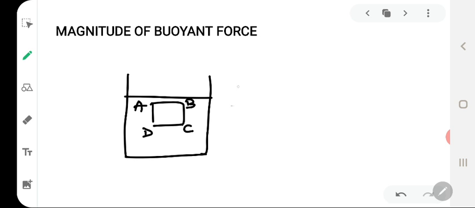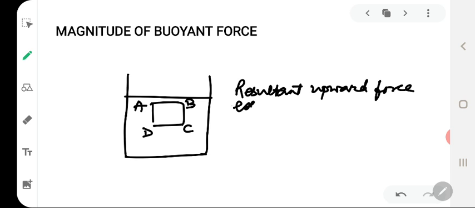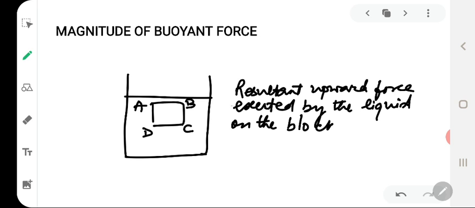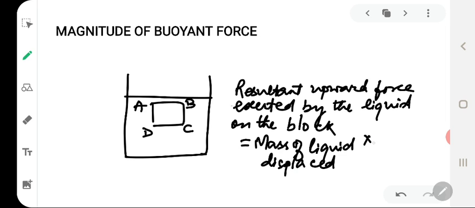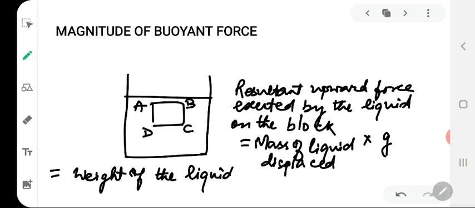The answer is that the resultant upward force exerted by the liquid on the block will be equal to the mass of liquid displaced multiplied by acceleration due to gravity, or this can be written as the weight of the liquid displaced by the block.